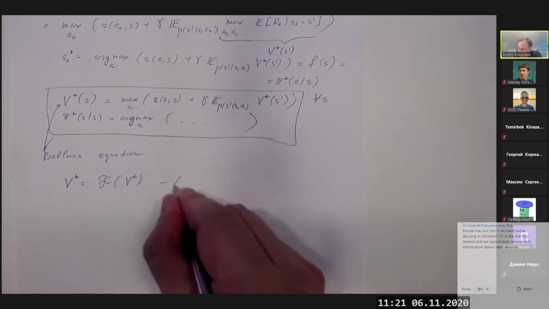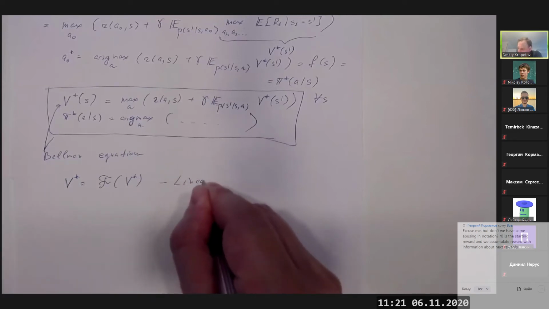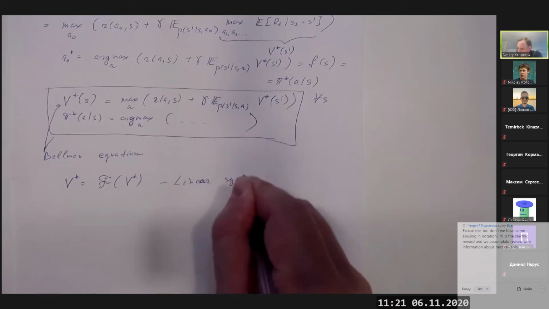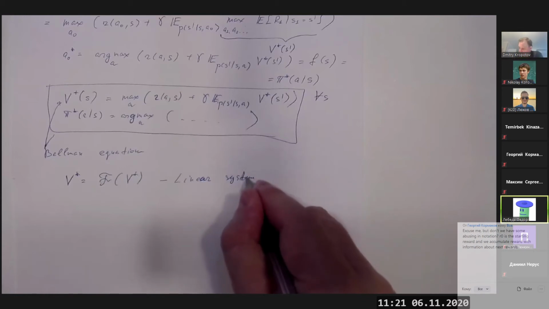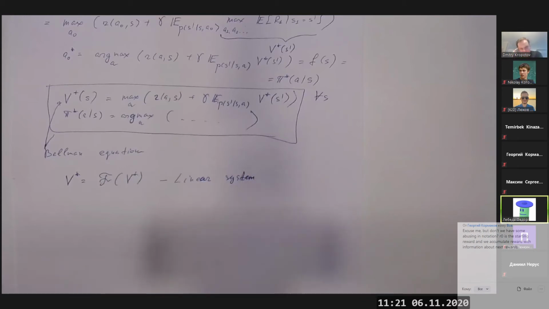Does anybody see that this system is actually a linear system over V star? So it is just a set of linear equations. But don't we have a maximum? Yes, we have a maximum, no?